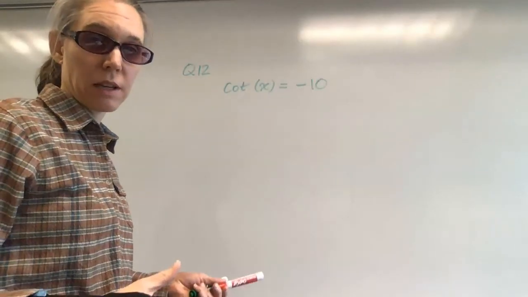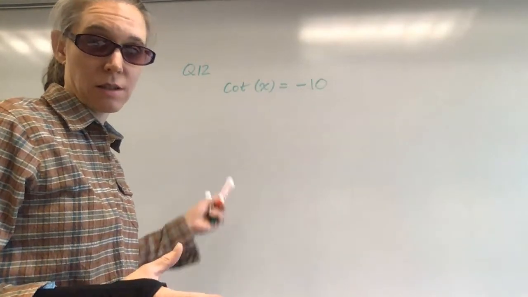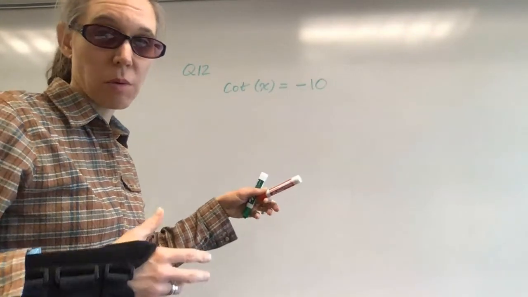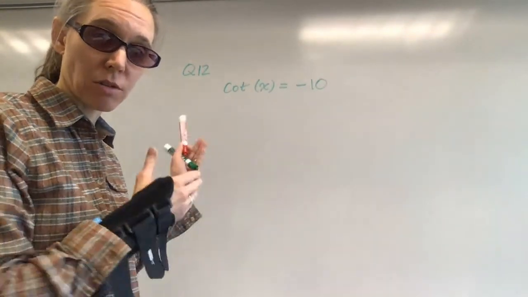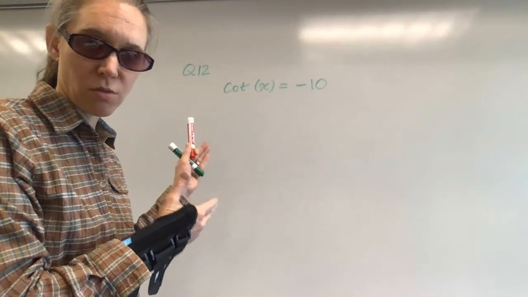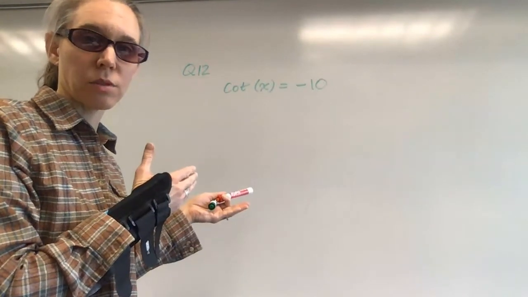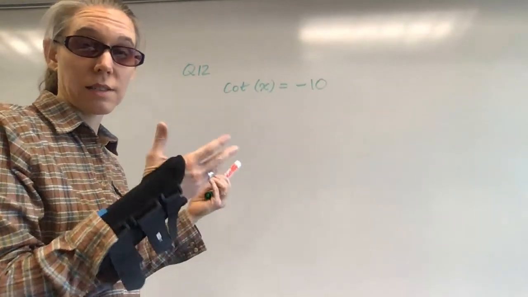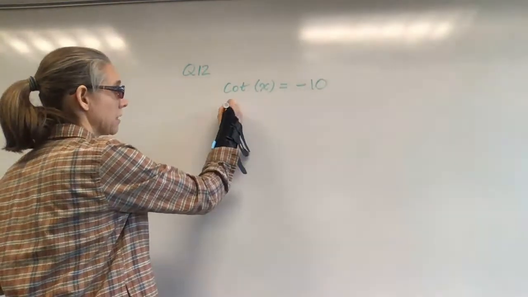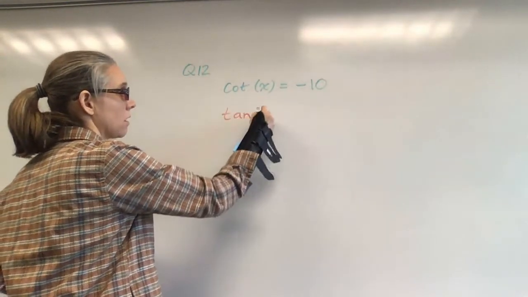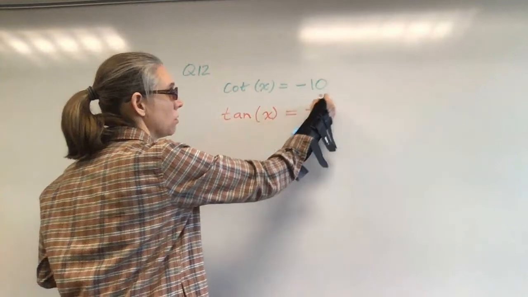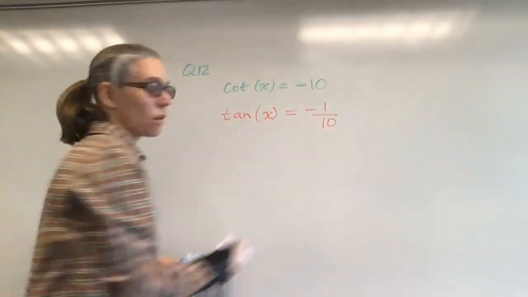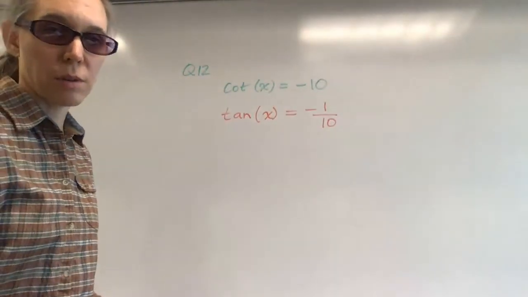So we're going to be looking for cotangent equal to negative 10. What we want to do first, anytime we have a reciprocal function, is just rewrite this in terms of the original function, tangent. So this is really asking where tangent of x is equal to negative 1 over 10. As long as you can flip it over, you're fine.